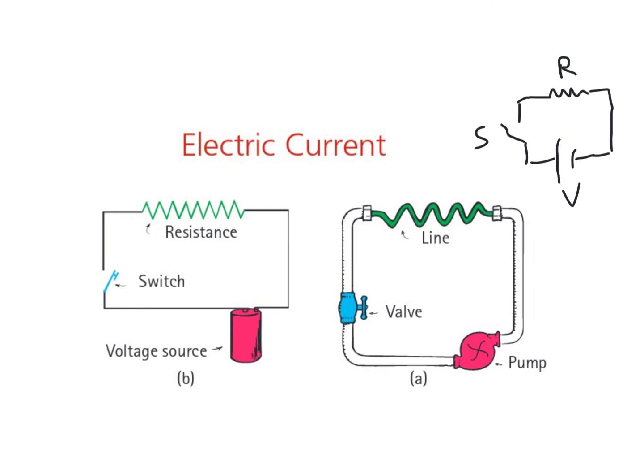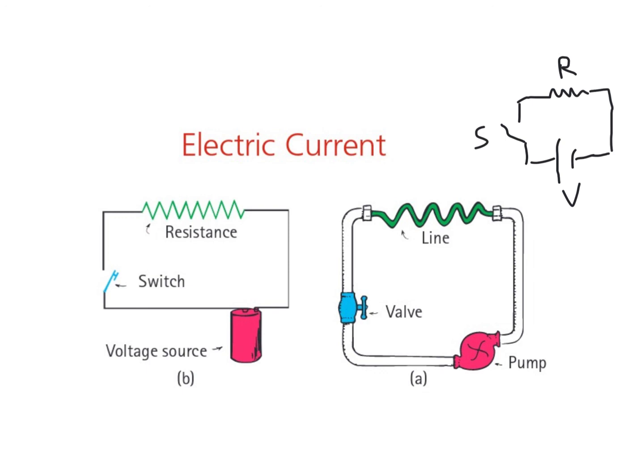Other materials don't let electricity flow through them very easily, and we call those things insulators or resistors. Both of those words can be used more or less interchangeably. But when you're talking about an electrical circuit, usually you use the word resistor.